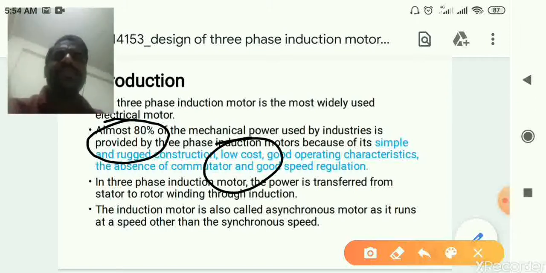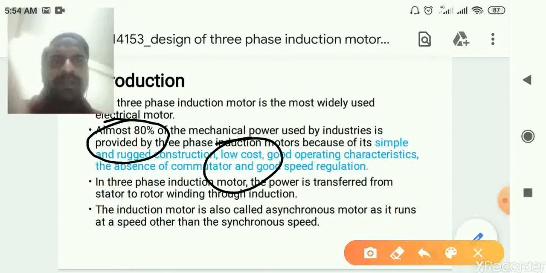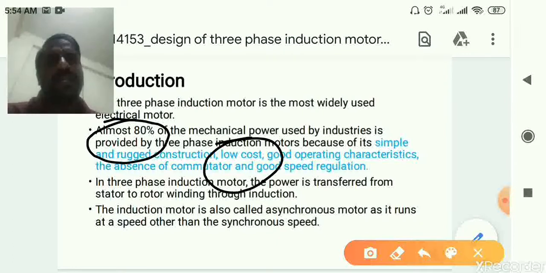It gives better characteristics under load switching operations, and it has good speed regulation also. Because of all these advantages, the induction motor becomes the most popular motor amongst all types of motors, especially as compared to the DC motor.